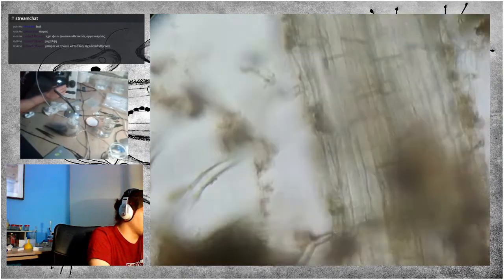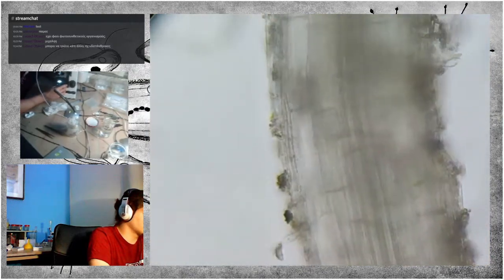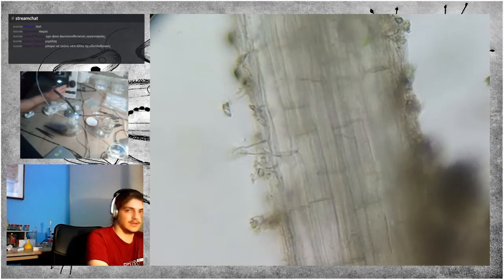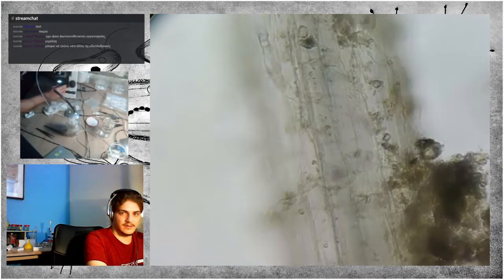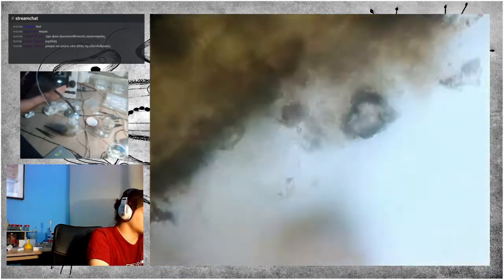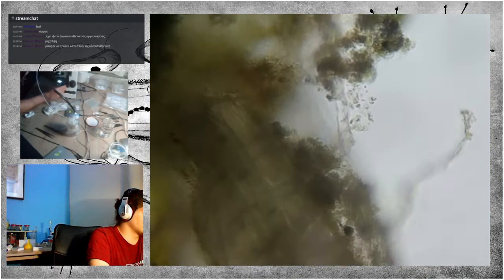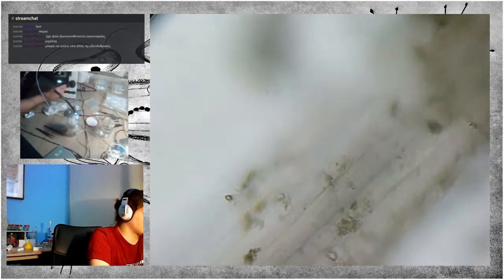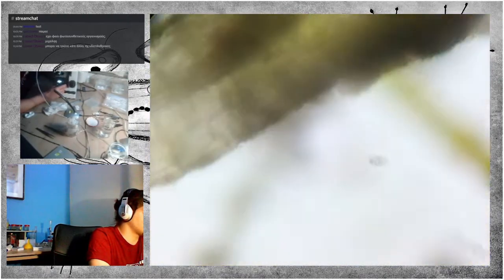So this is probably a root of some kind, some plant. You can see the cells, the cell borders. The roots obviously do not photosynthesize because they're under the earth, in the soil, in the sediment.